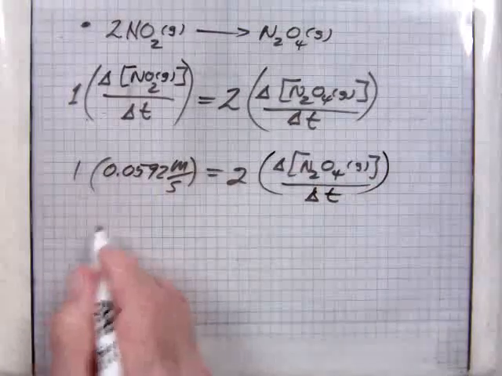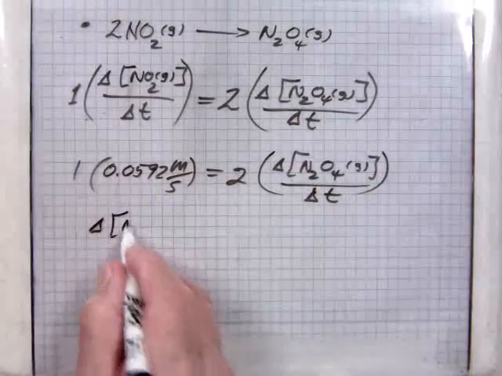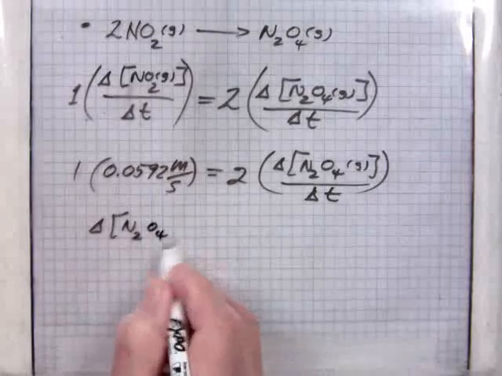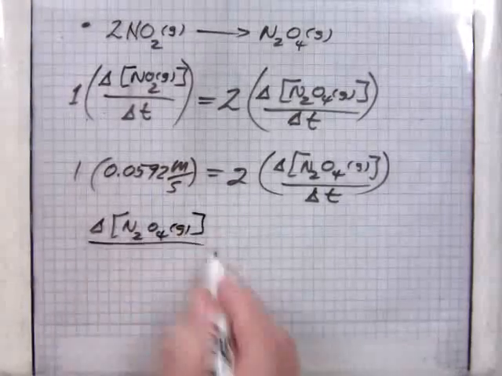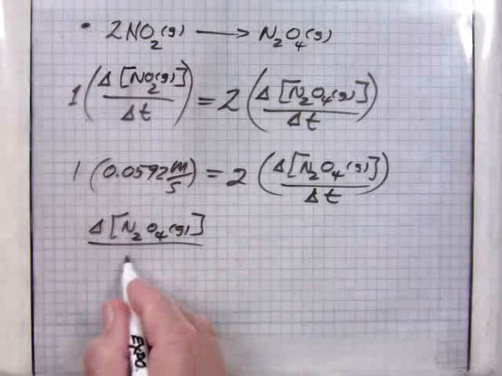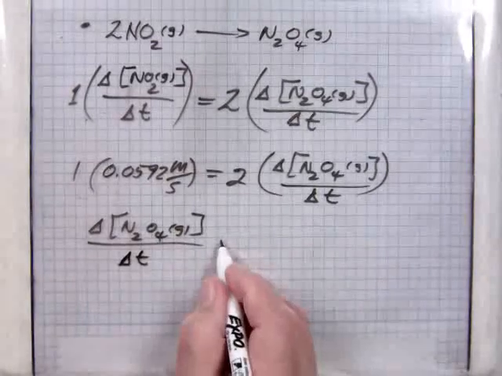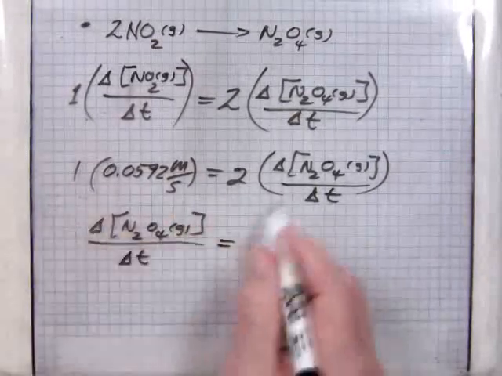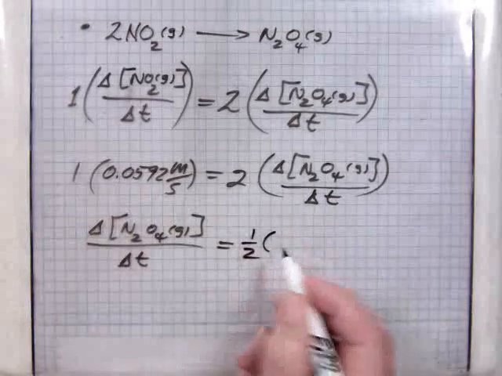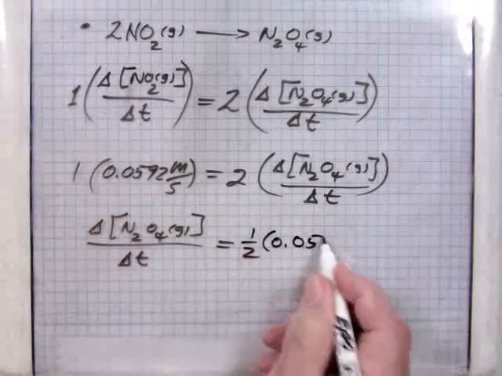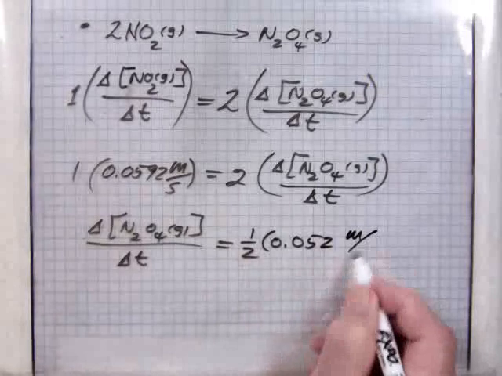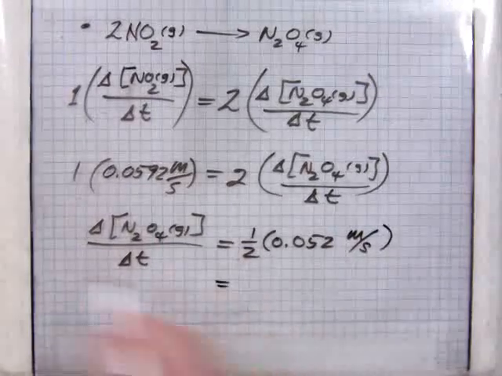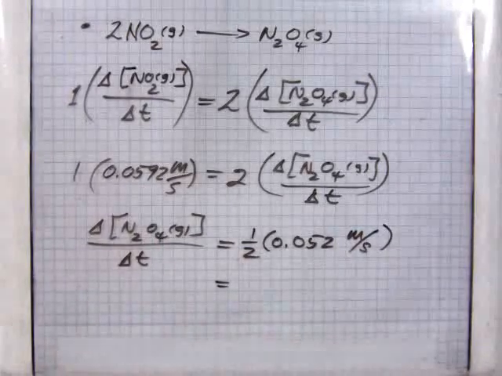So the change in N2O4 over time is therefore equal to 1/2 of the 0.0592 molar per second. And so just to be sure.